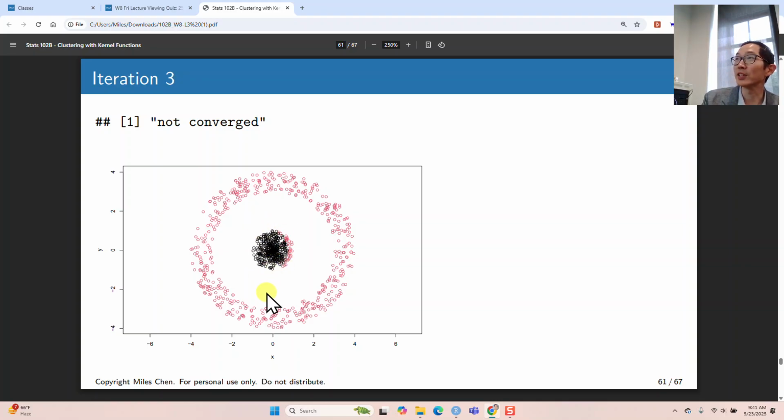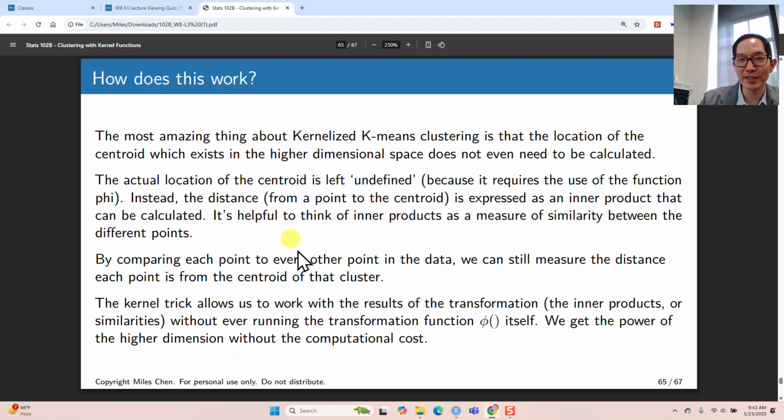And then if we go again, we get a few more, and then here we get this, and at the next iteration, no changes, and we'll say it's converged. So we just run the thing over and over again, reassigning points to the nearest centroid. And that's that. I think these are the slides that I already covered about how this works.